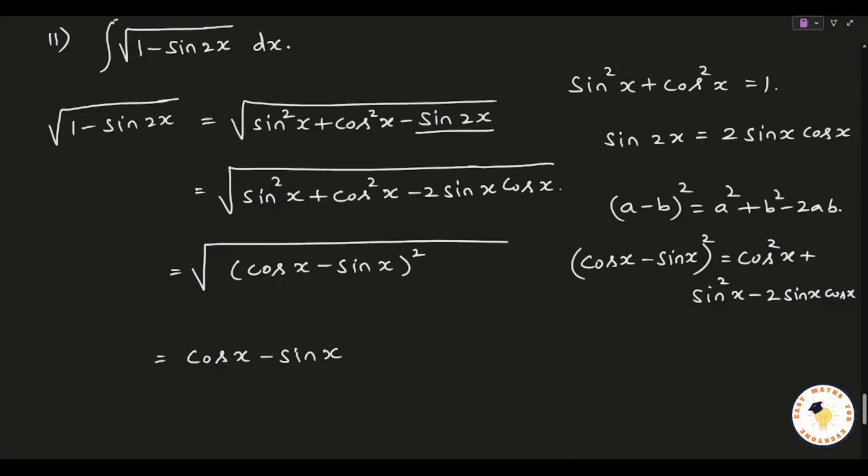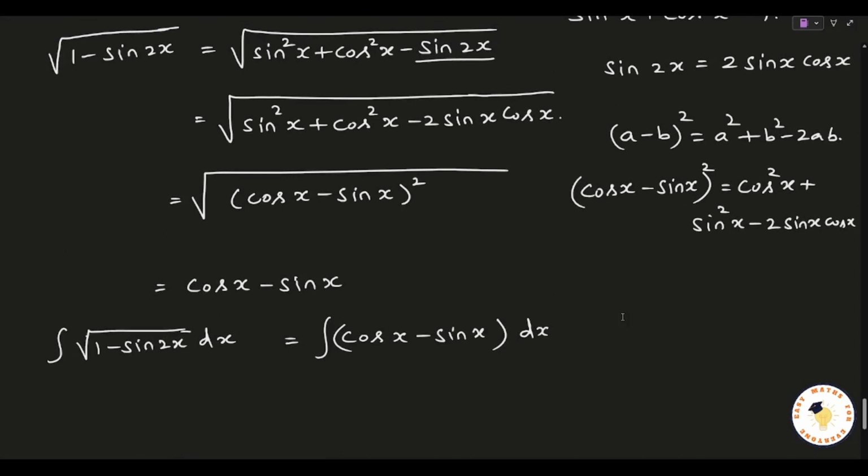In this integral, we are going to replace root of 1 minus sin 2x with this value. So this integral will become integral of cos x minus sin x into dx. Splitting this further into two integrals, we have integral of cos x dx minus integral of sin x dx.